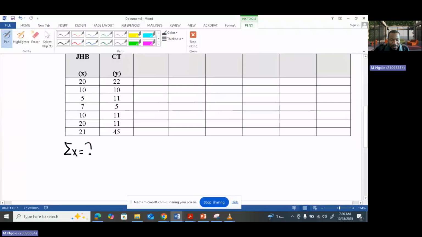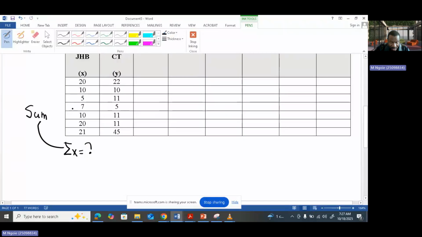What is sigma x? Remember, sigma x is the sum of the x values. So what we do is just sum all these numbers. Wherever you see this, guys, it means the sum of all these numbers.